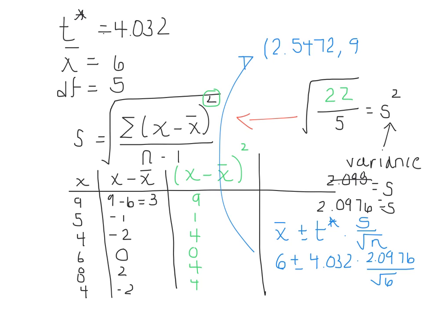And so that is 9.4528. If I'm interpreting this confidence interval, I can basically say that I am 99% confident that the true average of the population that this sample comes from is somewhere between 2.5472 and 9.4528.